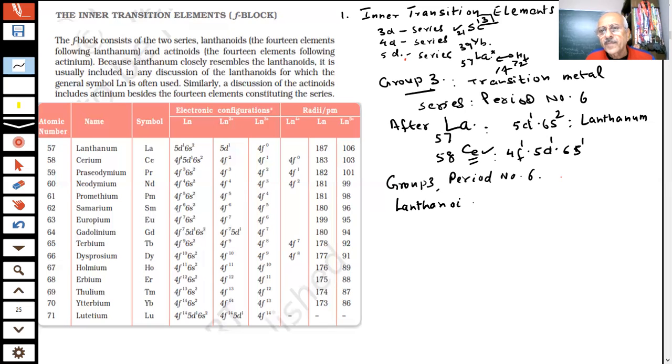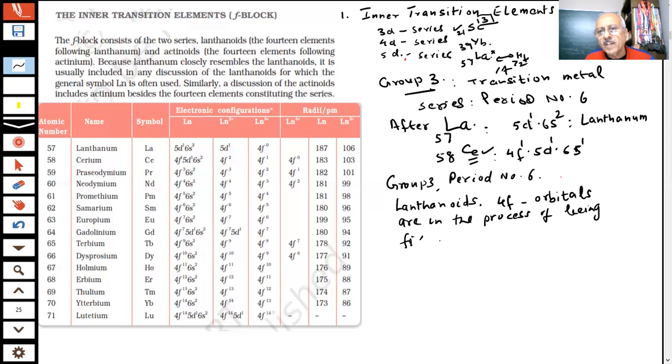In the lanthanoid series, the 4f orbitals are in the process of being filled.